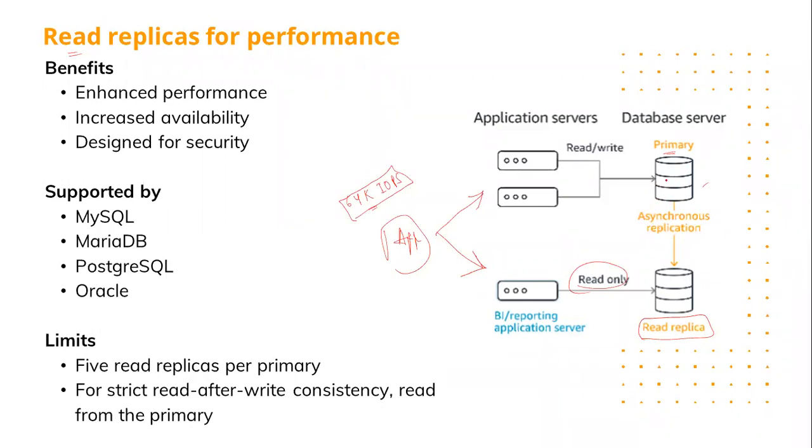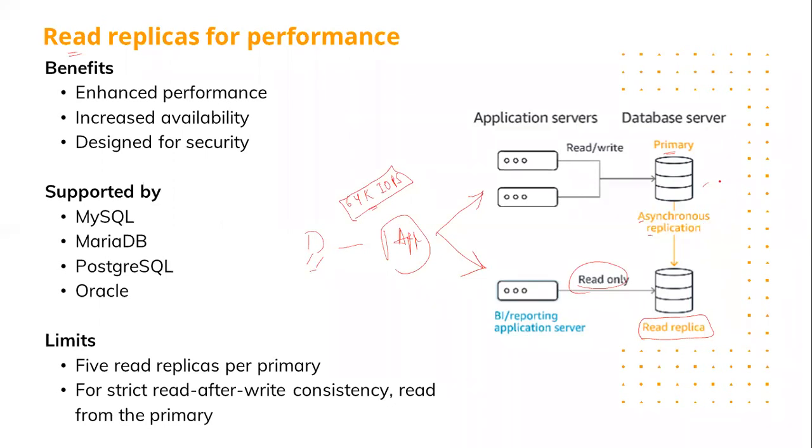And the primary as well as the read replica will have asynchronous replication. So there might be a chance of a user getting inaccurate data, yes, because it takes time. There is a lag in getting the data updated.